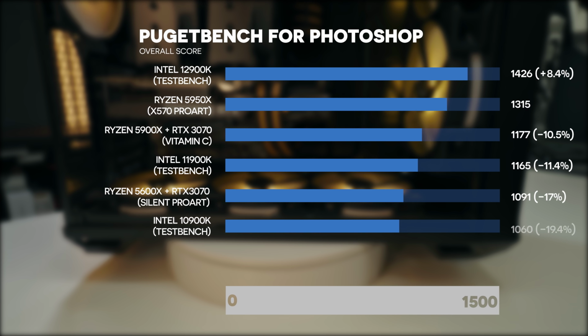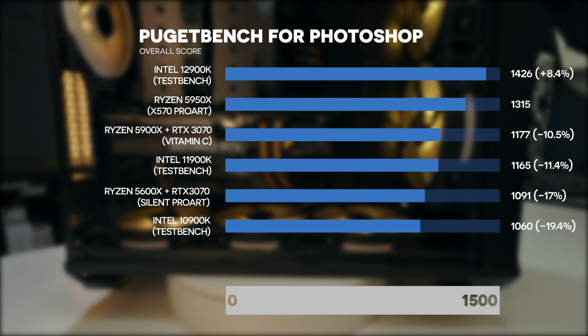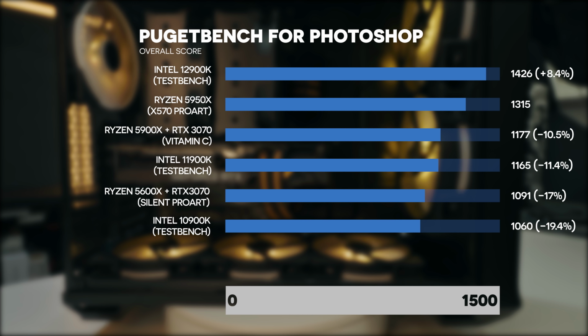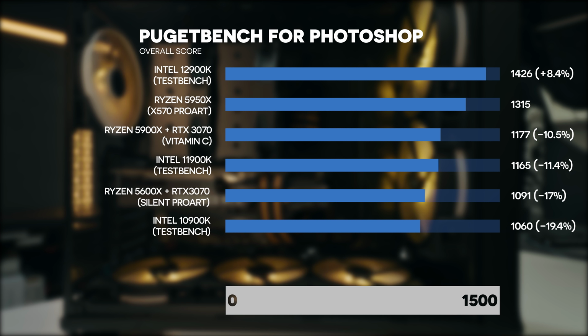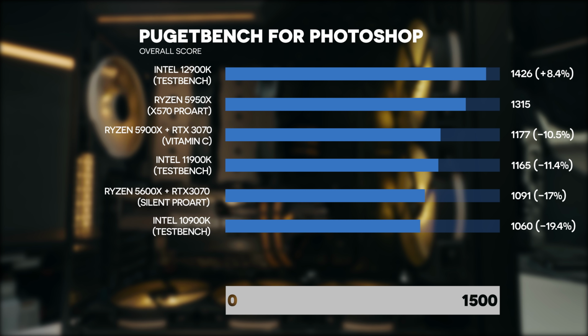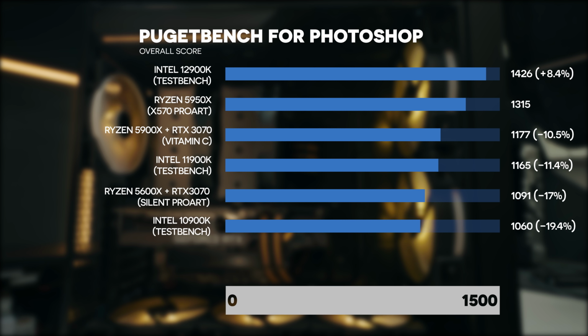First of all, let's look at Adobe Photoshop. Now, this 5950X is actually 8.4% slower than the 12900K from Intel. Yet 5900X with 3070 is 10.5% slower. Now bear in mind that the graphics card in Adobe Photoshop doesn't actually give you pretty much any performance, so you can have the lowest or even the iGPU of the CPU or a dedicated graphics card like this 3090 and you'll have pretty much the same performance.